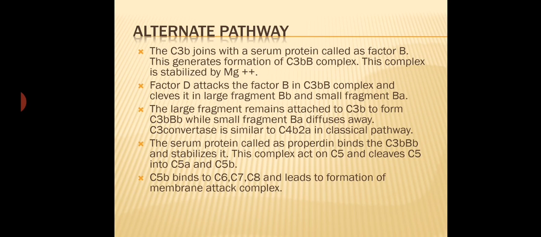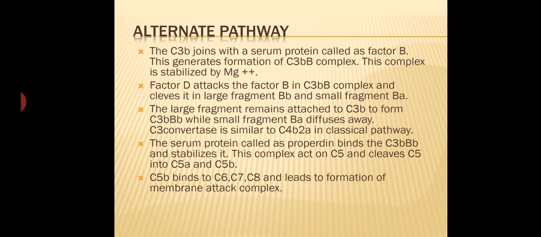Again I will repeat, C3b is going to join the antigenic particle. There is involvement of factor B to form the C3bB complex, which is acted upon by factor D, and there is a conversion to Ba and Bb. Bb will join the cascade to form C3bBb again. Ba diffuses away.